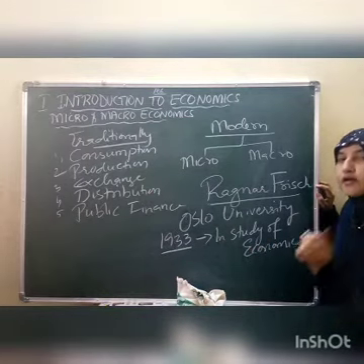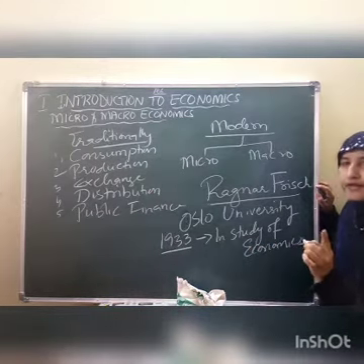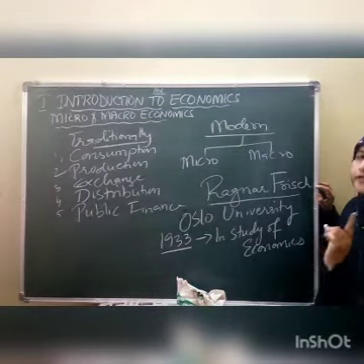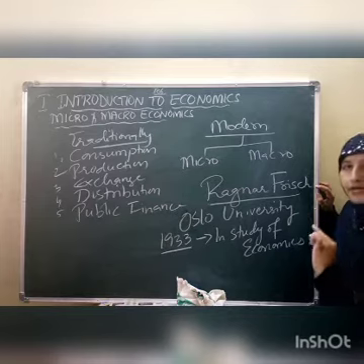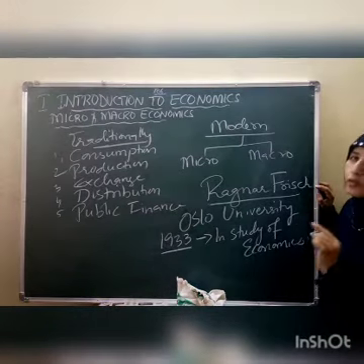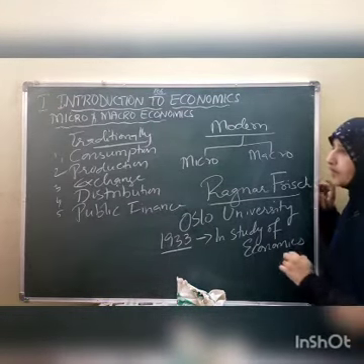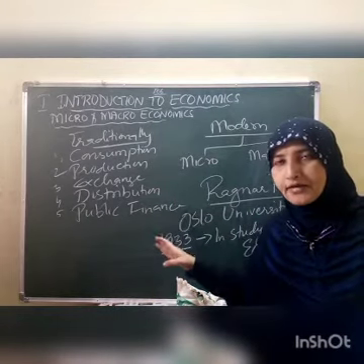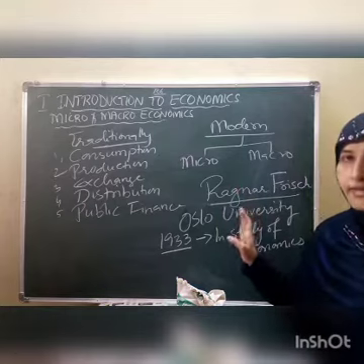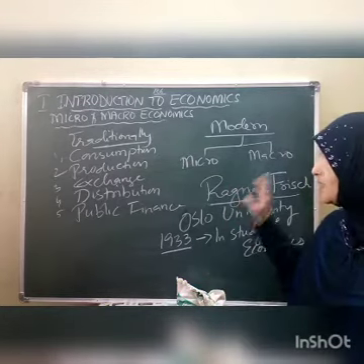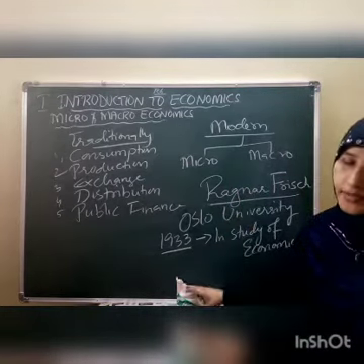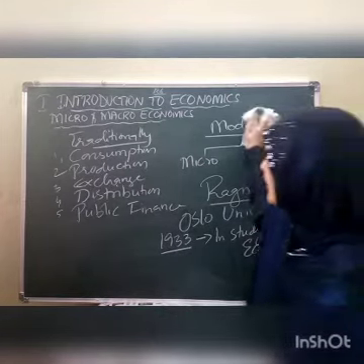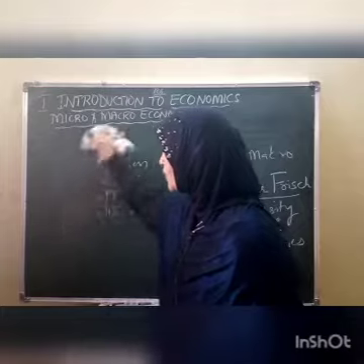Traditionally, economics was divided into 5 parts, and in modern times into 2, microeconomics and macroeconomics. Let us discuss one by one what is micro and what is macro.